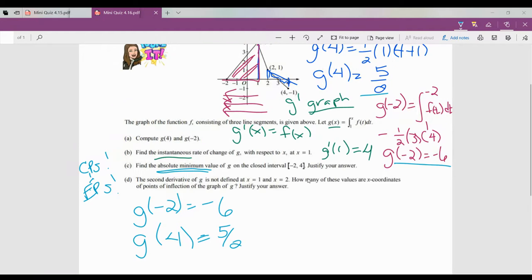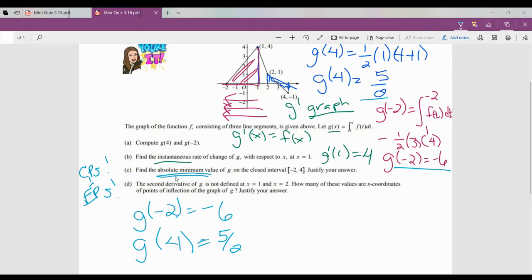Okay, so now the next thing is we need to figure out what are my critical points. Critical points are where the derivative equals 0. So because this is the graph of the derivative, it equals 0 at 3. So g of 3. Now, is that going to be a maximum or a minimum?